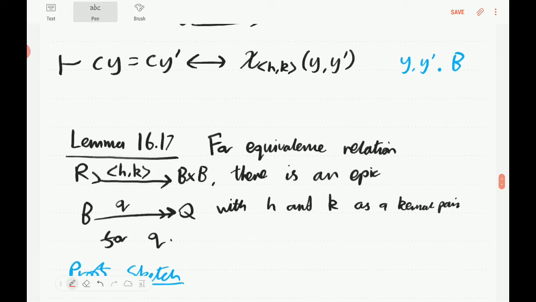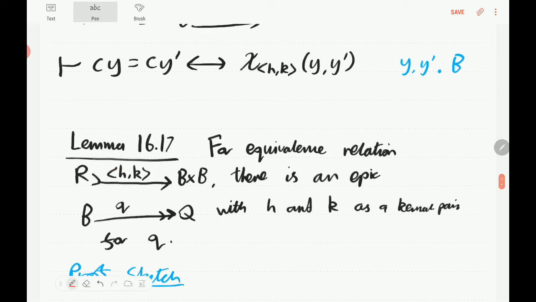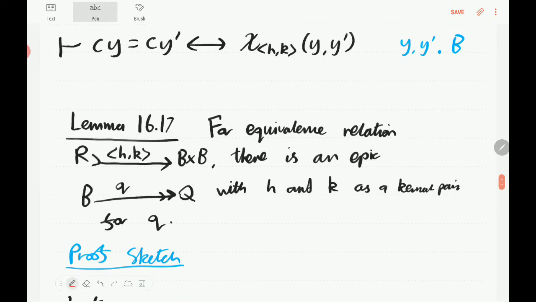And so this idea of things getting mapped the same way under q is why this ⟨H, K⟩ that's forming this equivalence relation is also going to be forming the kernel pair of this epimorphism q, which is essentially sending this stuff to its equivalence classes.